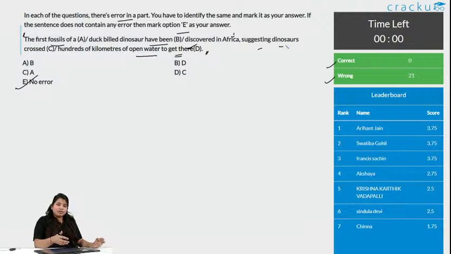That means they travelled in seas and oceans to reach Africa. How they travelled in sea and ocean, that information is not given, but open water means oceans and seas. So kilometers of open water indicates that.